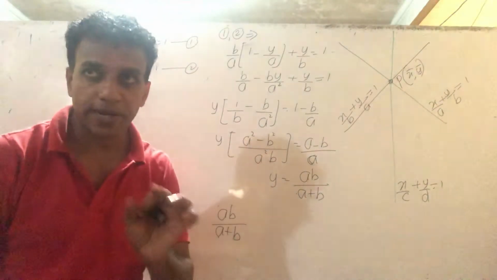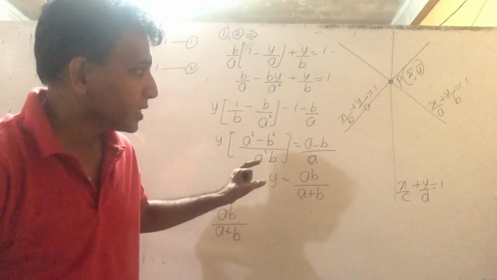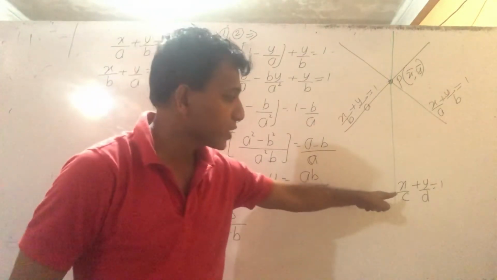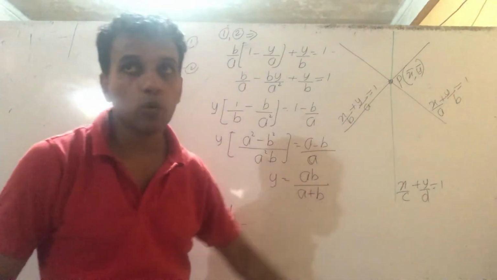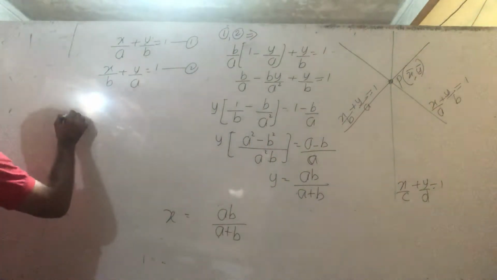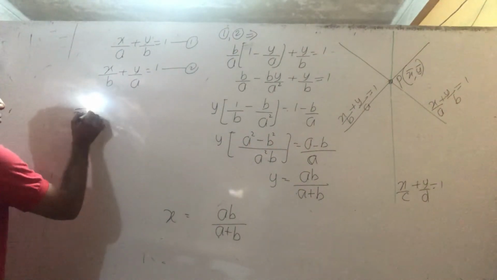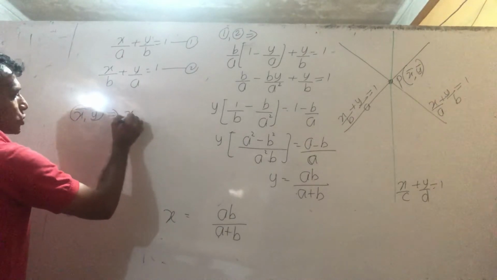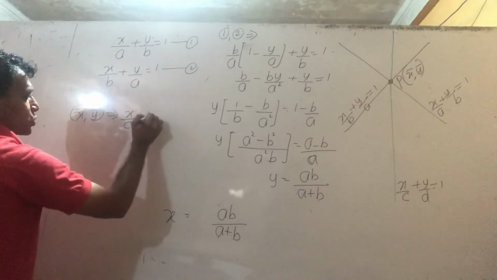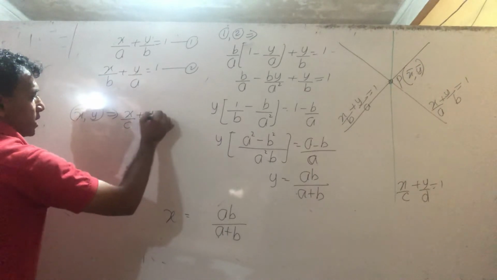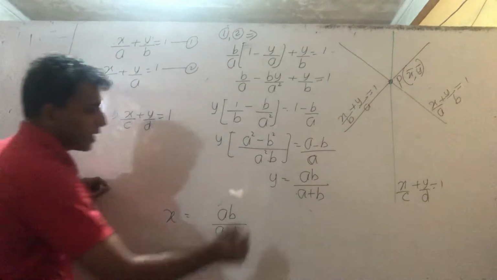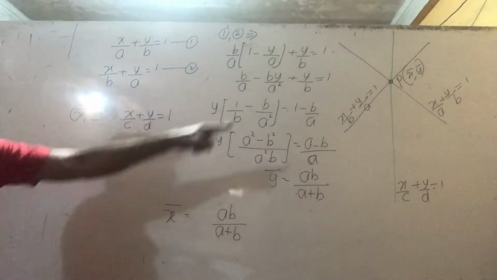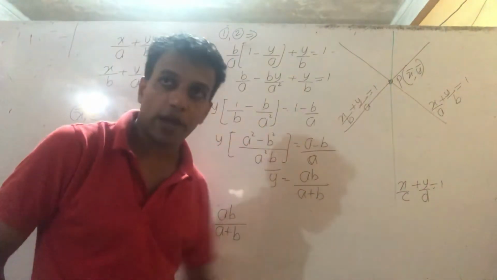Now you can write a sentence. This intersection coordinate passes through X over C plus Y over D equals 1. X bar comma Y bar passes through what? X over C plus Y over D equals 1. I called this X bar, the intersection coordinate in my diagram.